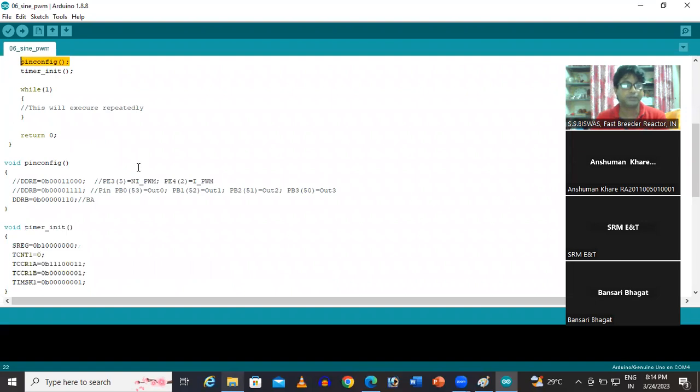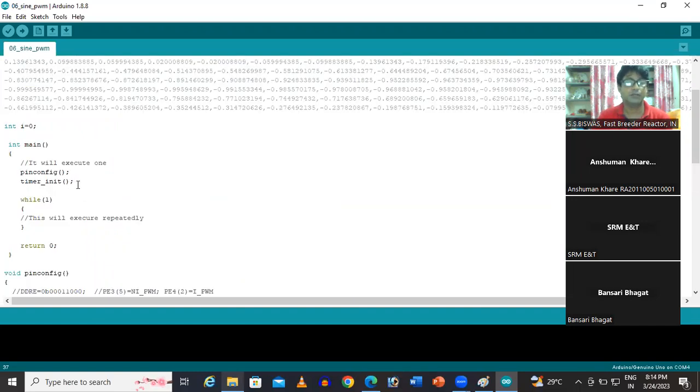Already you know, pin configuration defines whether the pin will serve as input or output. Here we are using B port, and you see PB1 and PB2. These two I made as one, so that they will work as output pins.